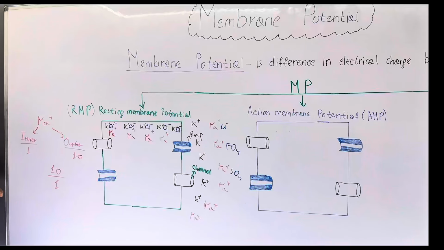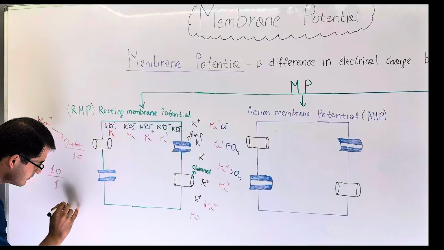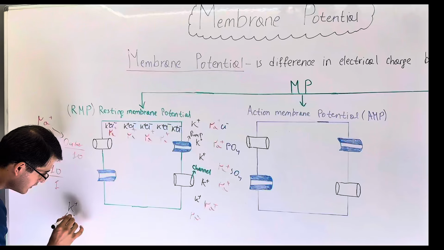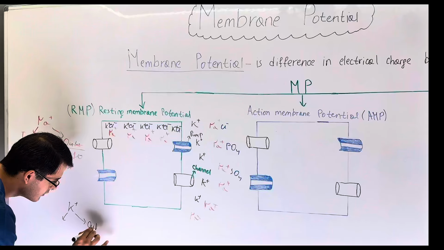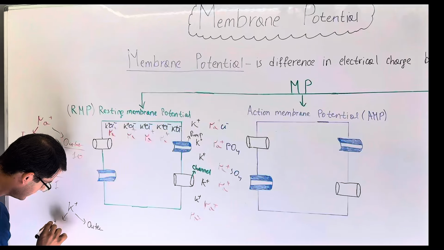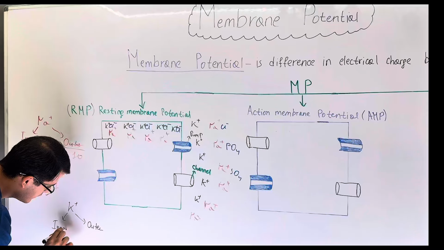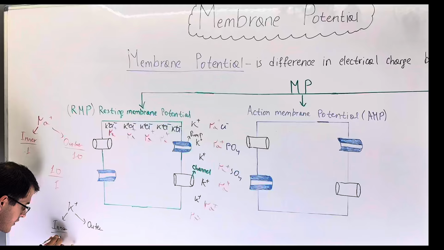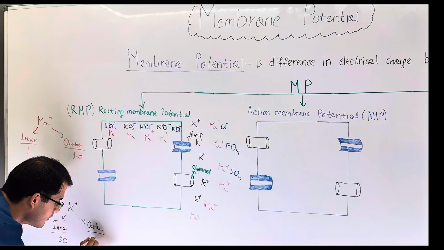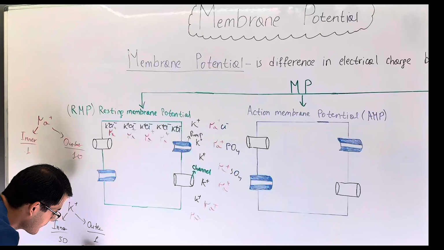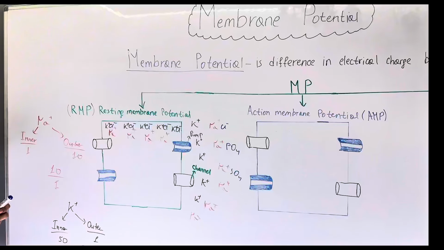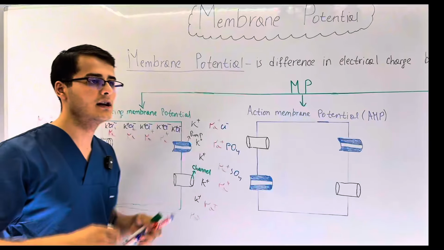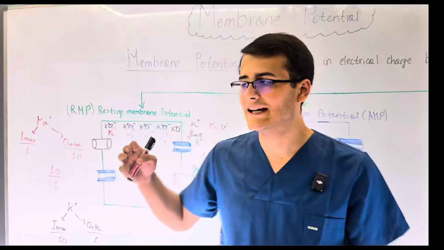And what is the ratio of potassium? Here is the potassium, inner and outer. On the inner side of the cell the potassium is more. The ratio will be 50 per 1. It doesn't mean that there are 50 potassium inside your cell.